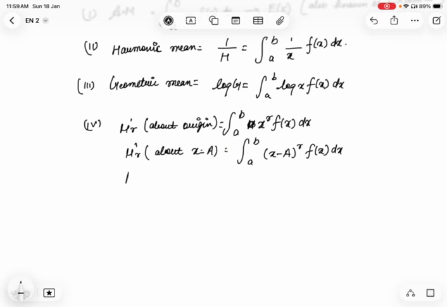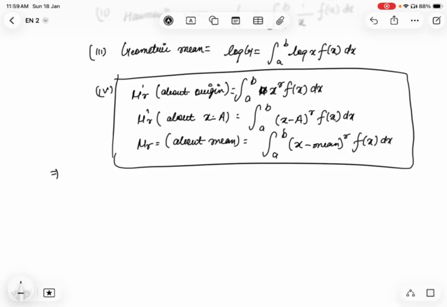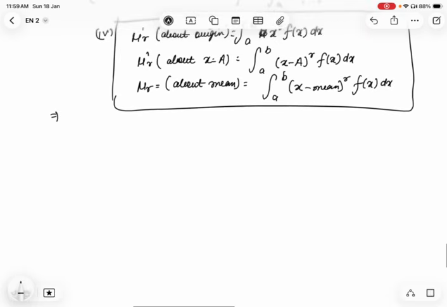Now about the mean, mu r is the integral from a to b of (x minus mean)^r f(x) dx. Now, how will you define the mean from here? This is so important, you should remember it. See, mu one dash is nothing but the mean.